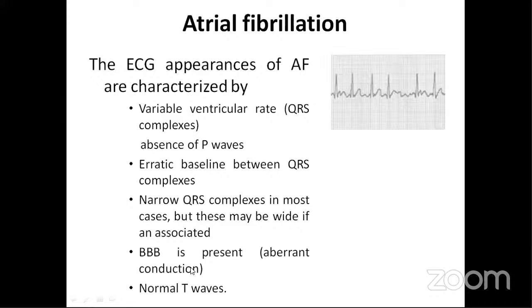In this atrial fibrillation, the narrow QRS complex is there, and bundle branch block is present, and normal T waves. These are the characteristics of atrial fibrillation.